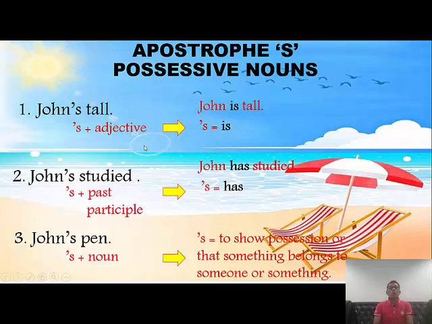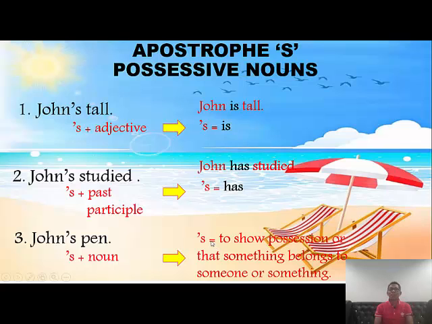Whenever you feel confused, you can always watch this video clip back and try to understand. John's tall, apostrophe s plus adjective is "is". Apostrophe s plus past participle is "has". But apostrophe s plus noun, that is possessive nouns.